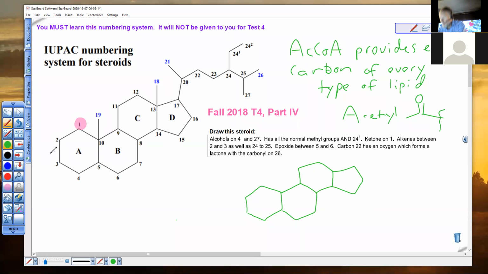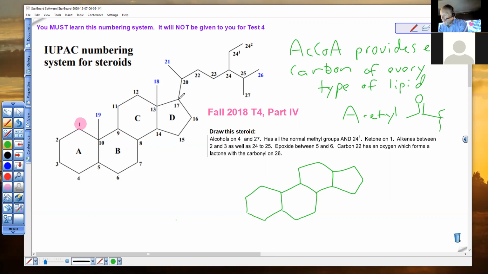And then we count 1, 2, 3, 4, 5, and we go around the first 2 rings, all the way around their perimeter, 6, 7, 8, 9, 10. And where do you go for 11? Well, you got to get up to the C ring as close as possible to 10. There, 11, 12, 13. And now it's different for the D ring. You don't go all the way around because you'll be continuing outside the rings very soon. So you go 11, 12, 13, 14, 15, 16, 17.